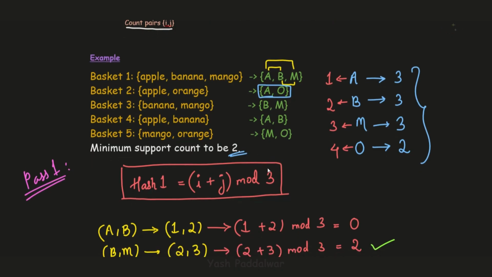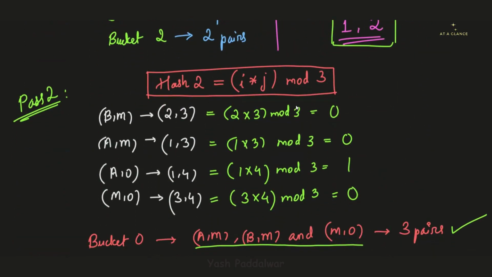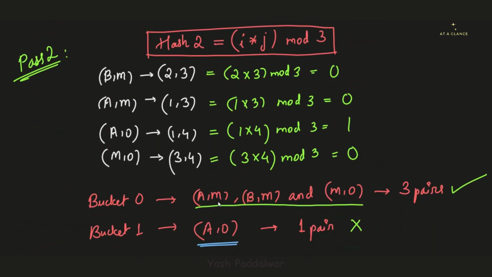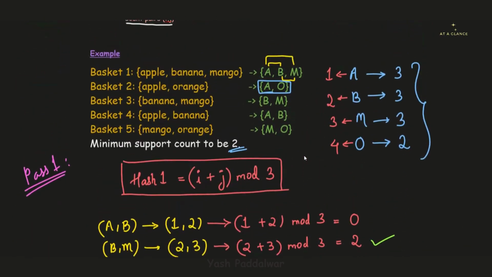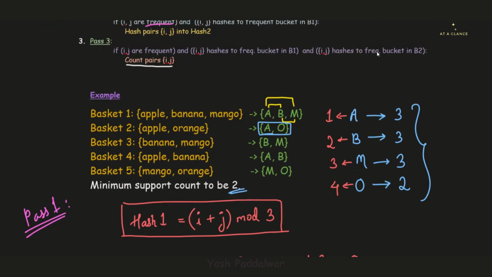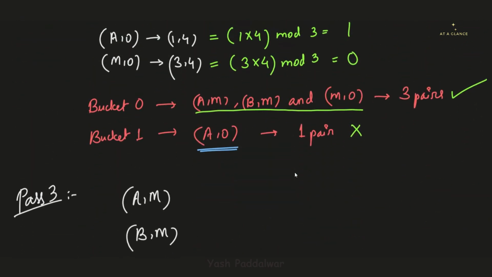And according to the second condition, it hashes to a frequent bucket in the first hash table. So you can see that AM is part of a frequent bucket. That is why it was eligible. And according to the third condition, AM hashes to a frequent bucket in the second hash table. You can see over here in the second hash table, whatever buckets we have created, the pair AM is situated inside bucket 0, which is frequent.